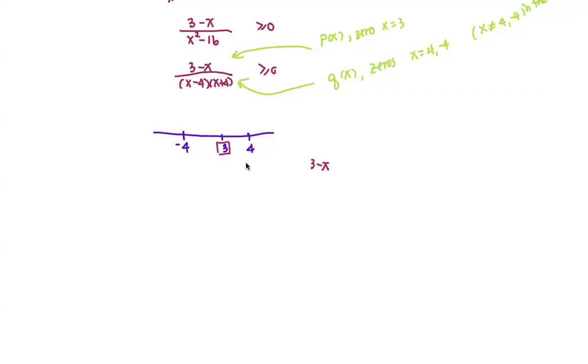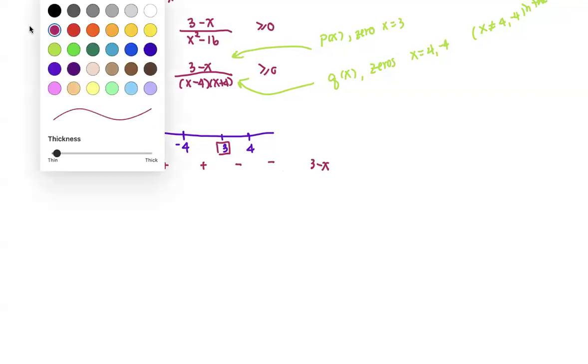We pick a number on the right side of the 3, for example, 3.5. 3 minus 3.5, we have negative sign. We put a number greater than 4, the result for this factor is still a negative number. For a number on the left side of 3, like 0, 3 minus 0, the sign will be positive for this factor, all the way for anything less than the number 3.